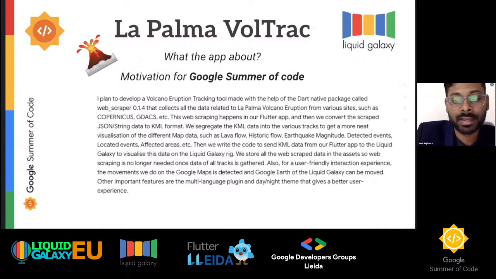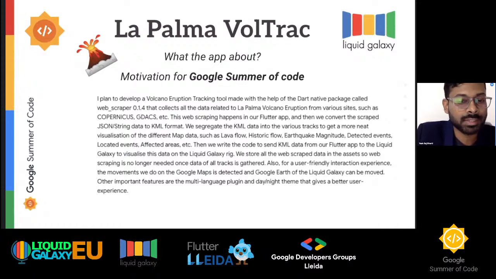Something like the affected areas: it affected a lot of regions, and the people were already warned, I would say a week before, and they were able to evacuate the region. So all of it I wanted to tell through this description in my Google Summer of Code: how I would be scraping all the data, making it into assets, making them into KMLs, and finally all the scraping can be removed and we can have a very good visualization of all the things in tracks.